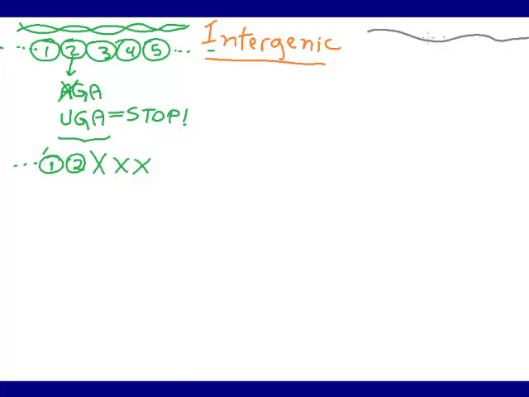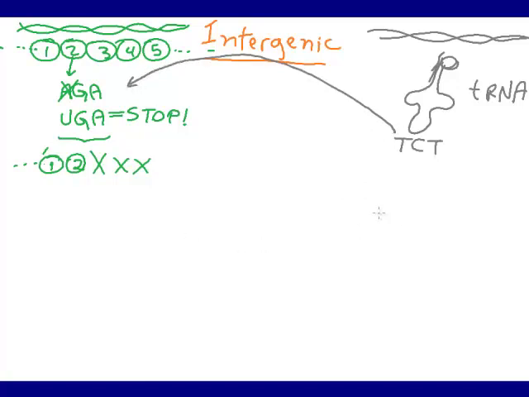Now, how can you fix the problem? Not with a mutation in this gene, but it could happen that the gene that makes the tRNA, and the anticodon part of that tRNA, right there, it could happen that now this anticodon for the original amino acid was what?